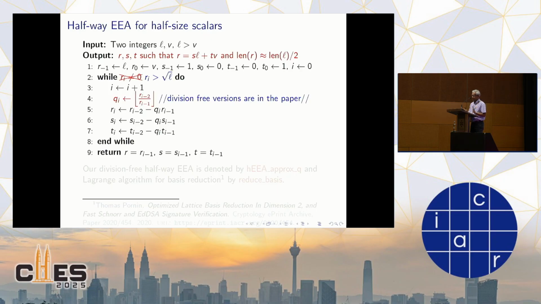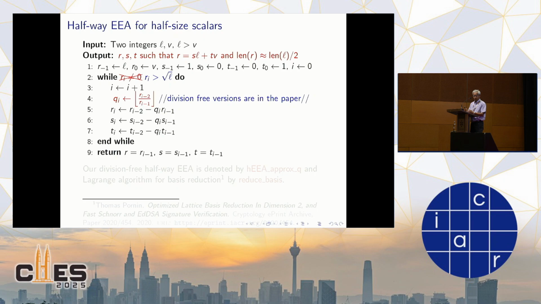So here we do not have GCD as output, rather we have R, S, T, and they have the relationship that's shown on that line, with R equal to SL plus TV. And if you take mod L, then R is congruent to TV.